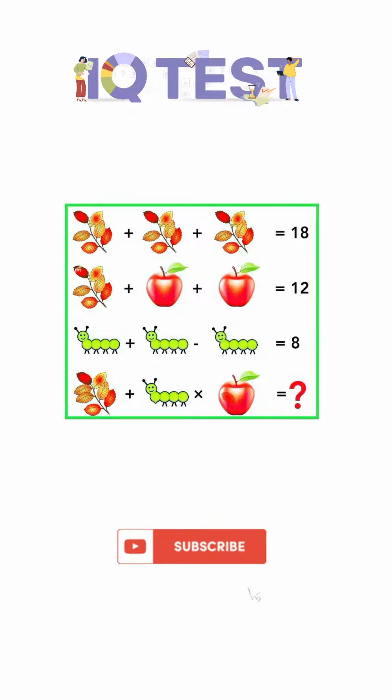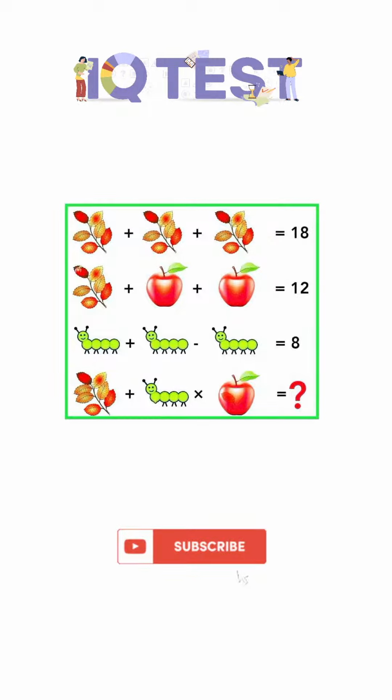So you are going to have 6 for the flower plus 8 for the caterpillar multiplied by 3 for the apple. So the first one you are supposed to do is the multiplication. So you have 6 plus 8 multiplied by 3. So your 8 multiplied by 3 will give you something before you add the 6 to it.